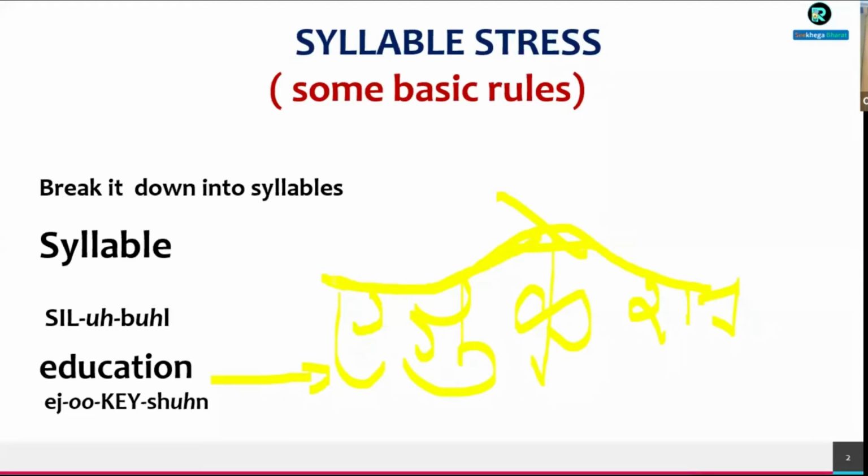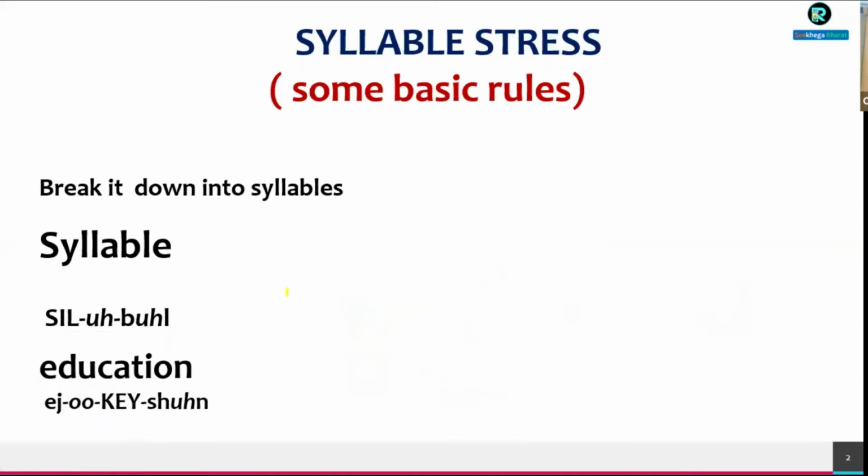Education. You have to go high here and then come back. Education. I have this education. What is your education? Right? So this K all the time will have this stress. Education. Okay. Great.